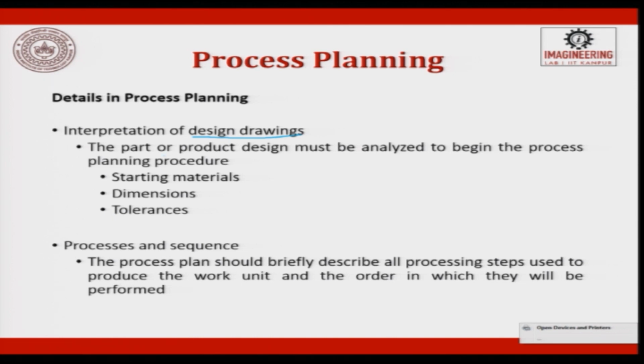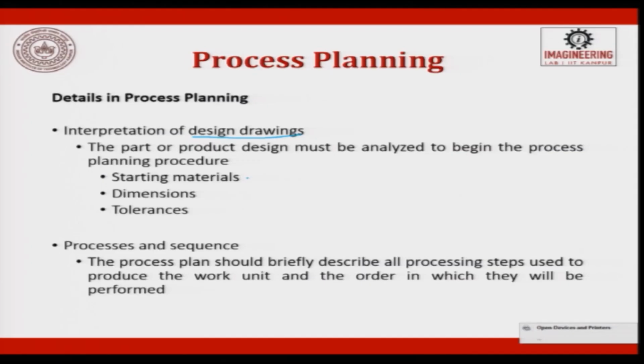The part or product design must be analyzed to begin the process planning procedure. Starting material, dimensions and tolerance. What is given in the drawing is only the output. So, for that output you have to prepare a blank. The blank is the input raw material which is given for the operation. So, you have to plan for the blank, but what is given is the final part dimensions.